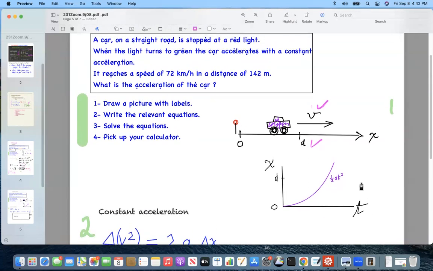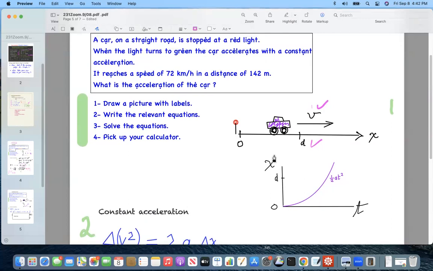This is a case of constant acceleration. So position increases as the square of the time. That's Galileo's law. So the graph of x as a function of time is a parabola in the xt plane. Now, x here is not vertical.